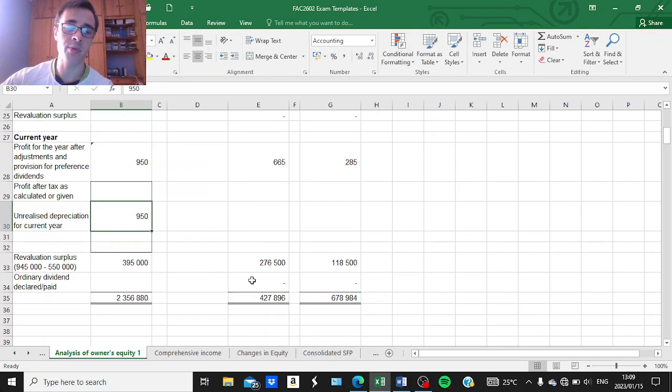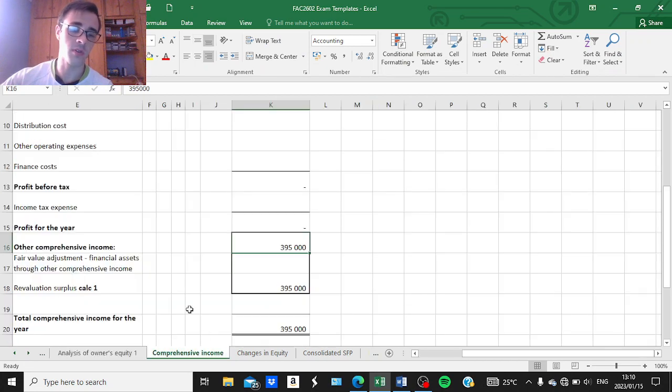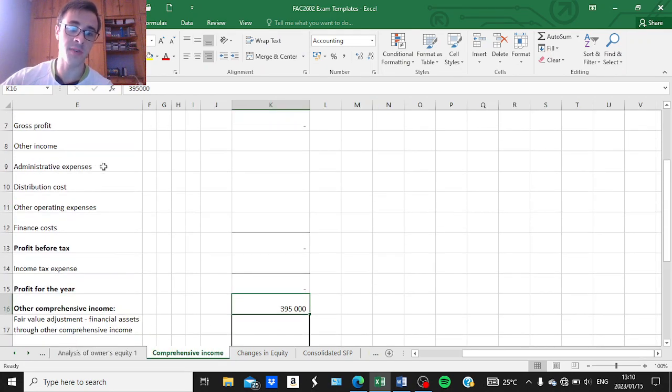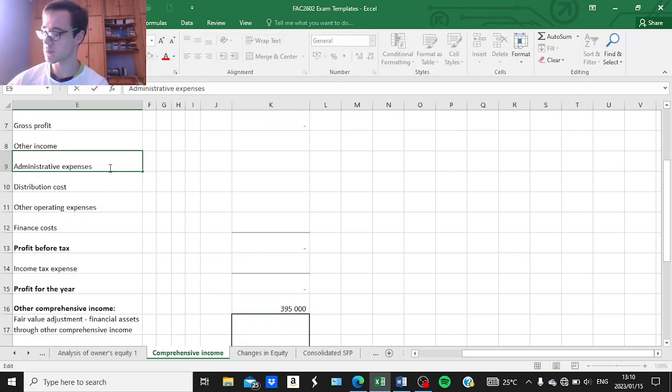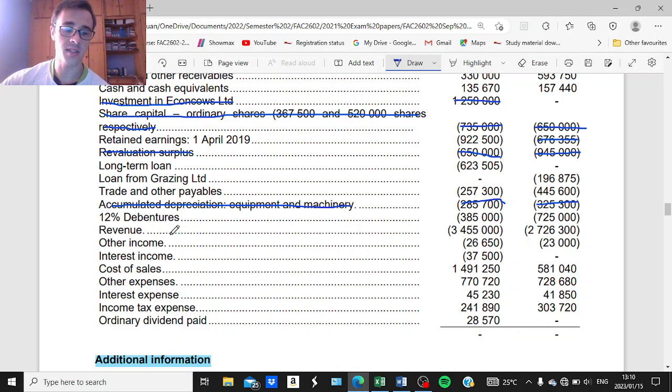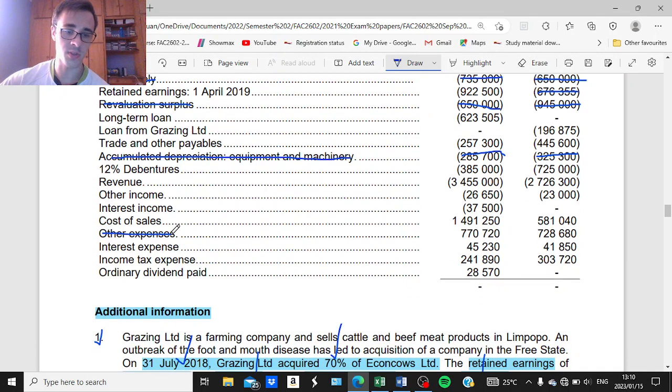And then the second place where we need to show this amount or adjustment is in the consolidated statement of profit or loss and other comprehensive income, specifically referring to administrative expenses. So we will start with the amounts given in the trial balances for the two companies respectively.